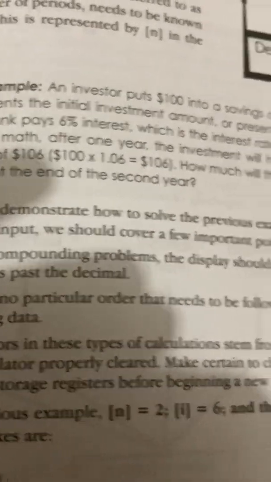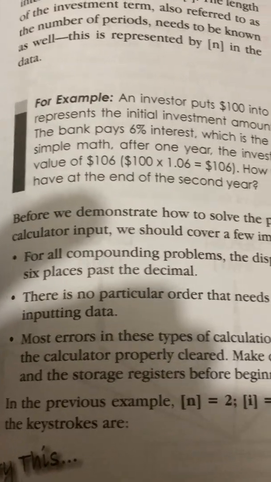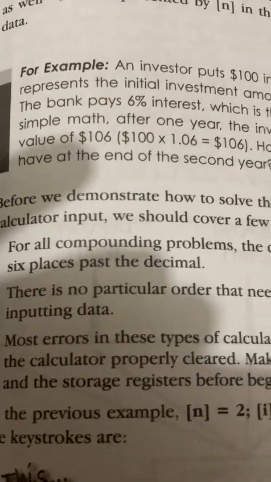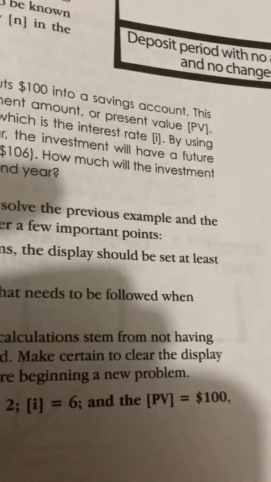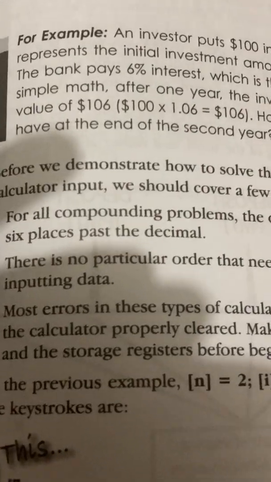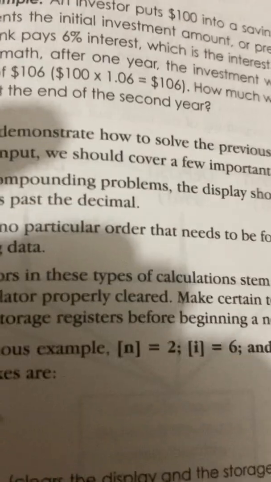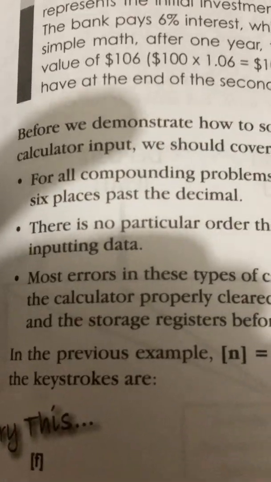Before we demonstrate how to solve the previous example and the calculator input, we should cover a few important points. For all compounding problems, the display should be set at least 6 places past the decimal. There is no particular order that needs to be followed when inputting data.